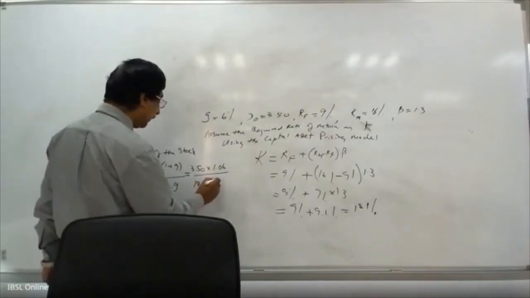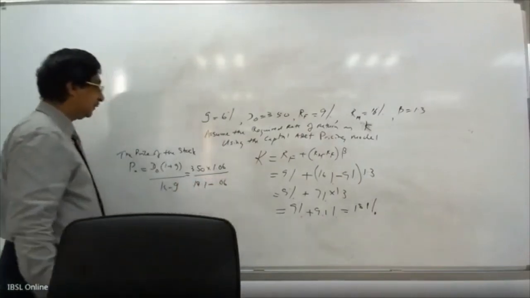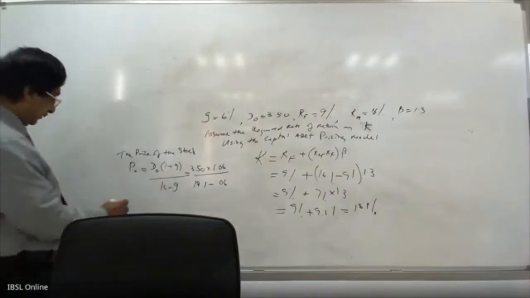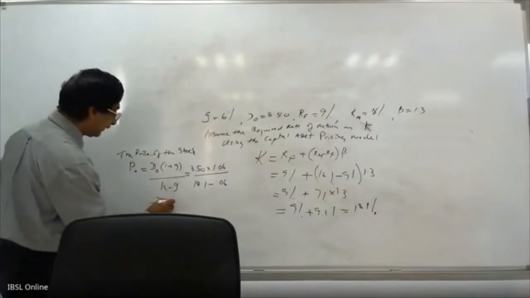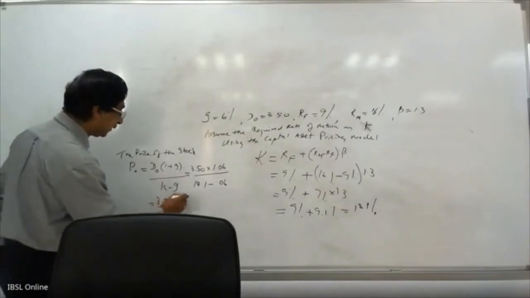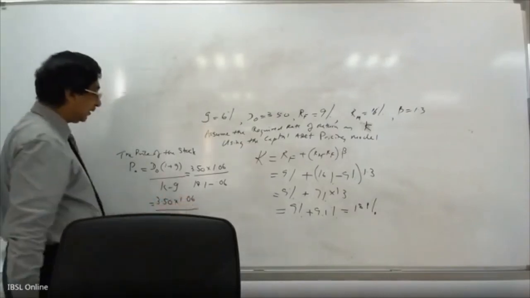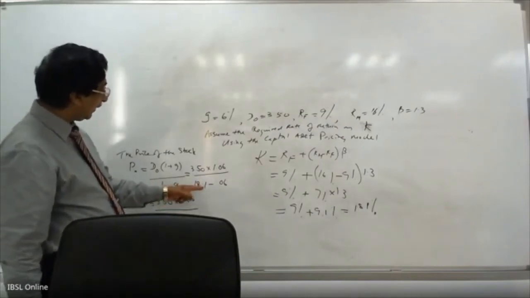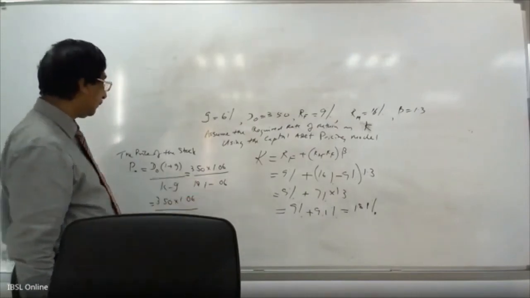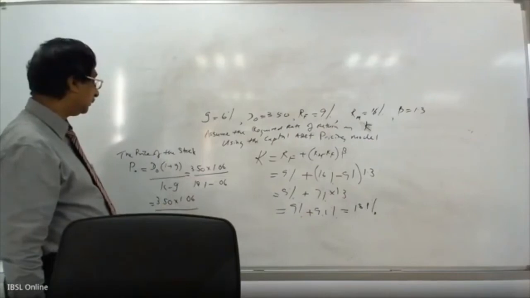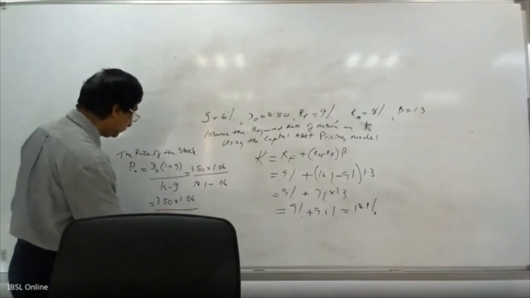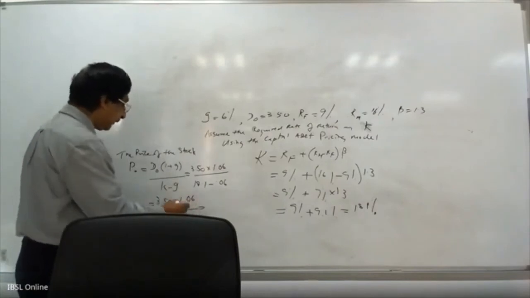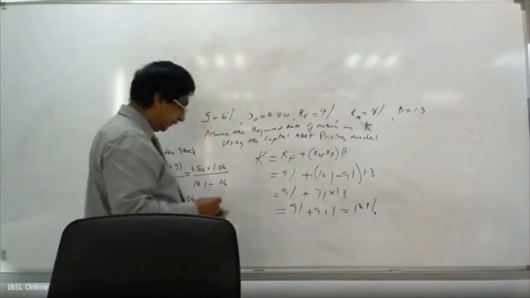G is 0.06. And we can calculate it. 350 into 1.06 divided by 18.1 minus 0.06. What is the value there? 18.04. When you do the calculation, you will arrive at the answer.